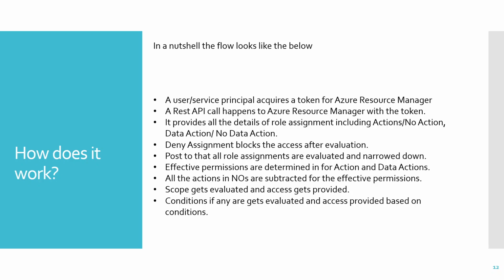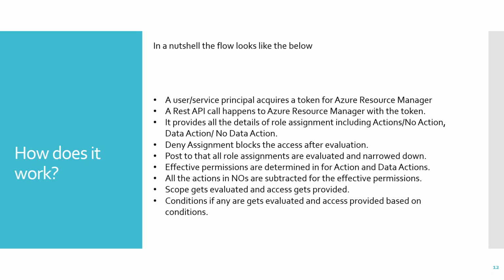Once that is done, the scope evaluation comes into the picture. So scope on what level? On management group, subscription, resource group, resources level, that gets evaluated, and finally those effective permissions will be granted to that user at that scope level. And finally, if there are any conditions present in the metadata, that also gets evaluated, and the accessibility will be decided accordingly.